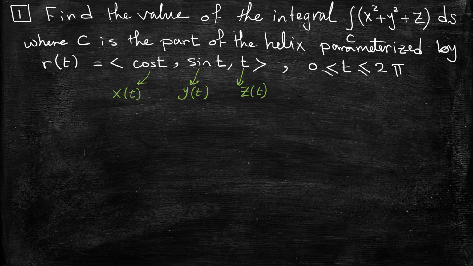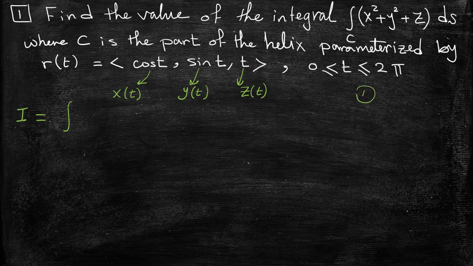And t is from 0 to 2 pi. So first of all, to calculate this integral, we have a value for each one of them along the path, which means I can substitute here.